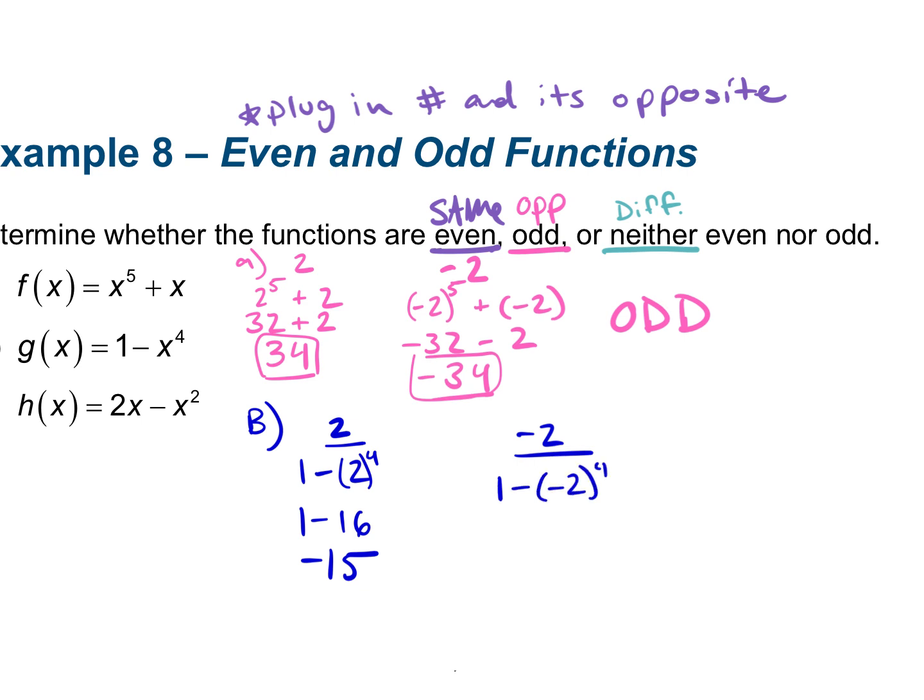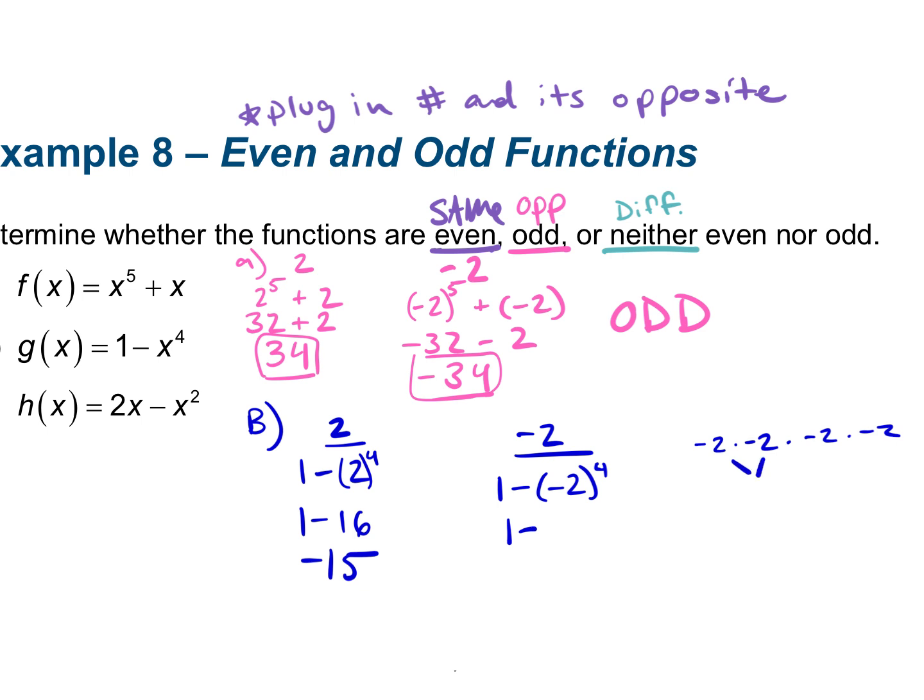Be careful here. When you plug it into parentheses, you cannot make it positive. You have to do the exponent first. PEMDAS. You've got to follow your order of operations. So we have to do negative 2 to the 4th power first. What's negative 2 to the 4th power? 16. Write it out if you need to. Negative 2 times negative 2 times negative 2 times negative 2.